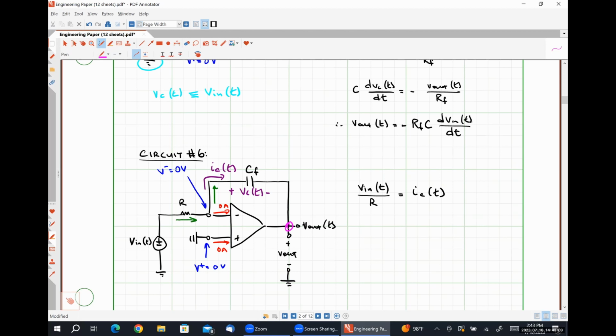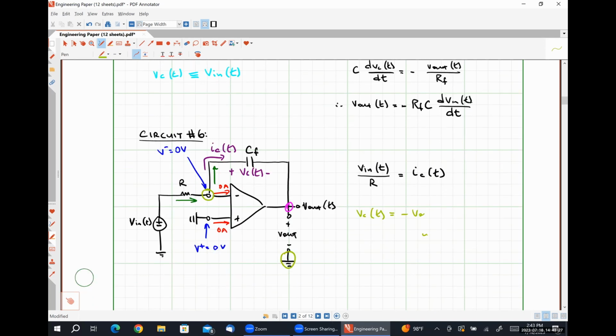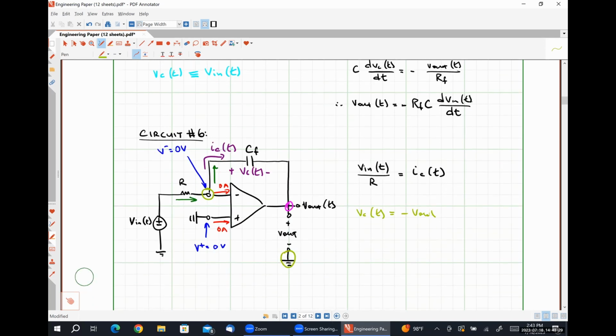The negative polarity terminal of our output voltage is at ground, and the positive polarity terminal of our capacitor voltage is at ground. So from this, we can see that VC is equal to negative V out.